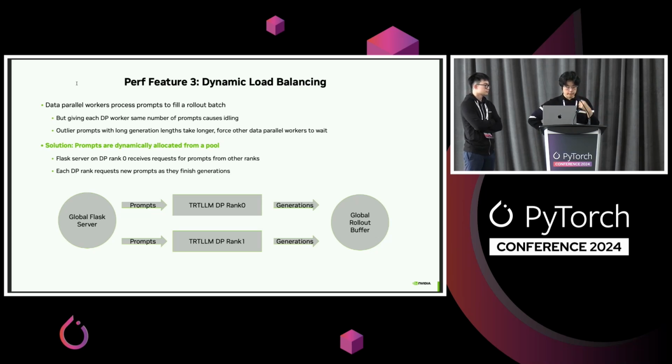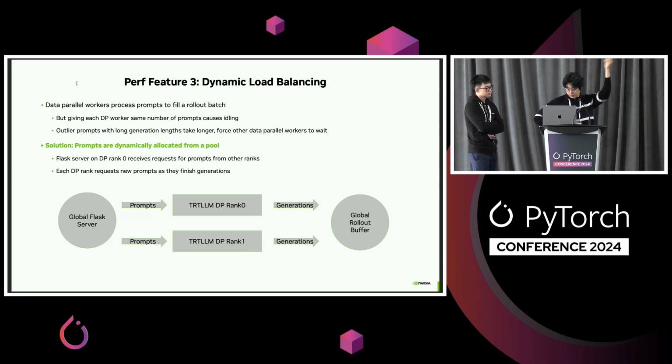For generation, each generation might have a variable length of tokens generated, because you're just sampling the model. If you give each DP worker the same amount of prompts, you'll get idling. Commonly, one DP worker will get prompts that cause really long generations, and you'll force the other DP workers to wait. This is not good because when you wait, you have lower performance.